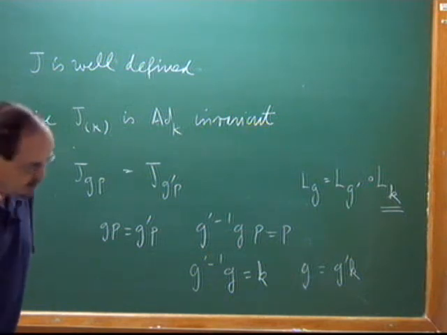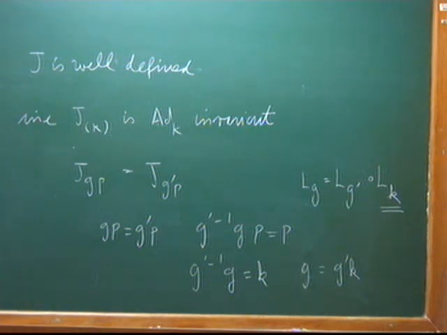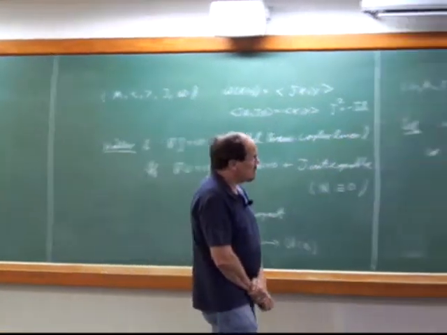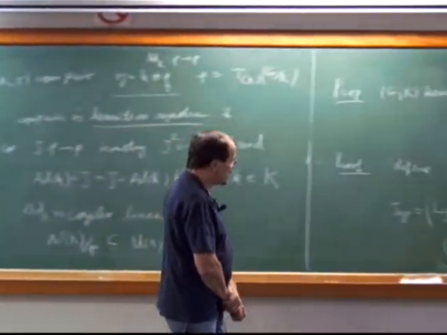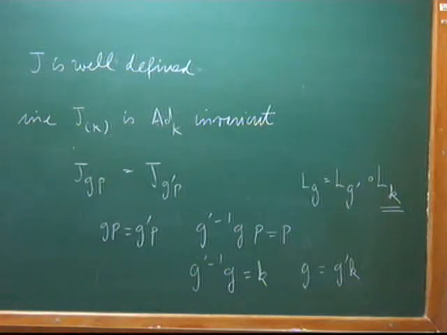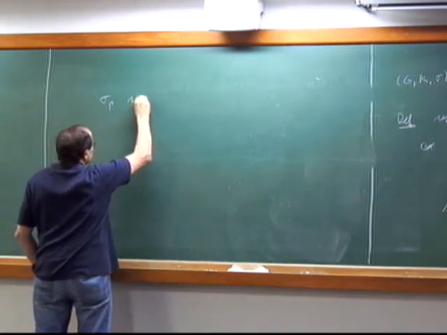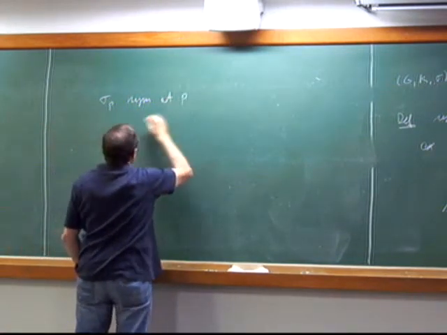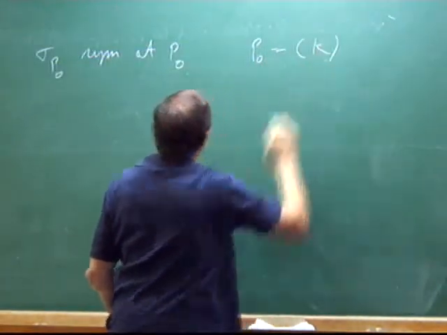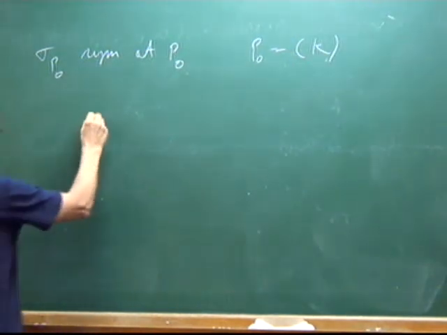Now I need to show, for example, that it's parallel. This here would be one way to see it's scalar. For this, let's look at the following. So outside the symmetries, for my symmetric space, which has symmetries, at the point P naught, P naught was my chosen base point, I want to look at a new complex structure.